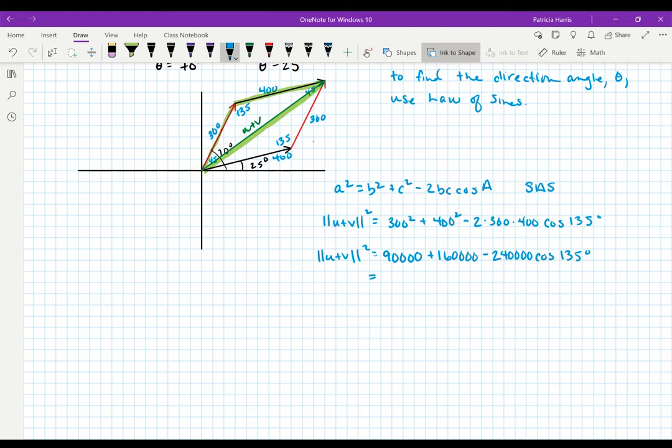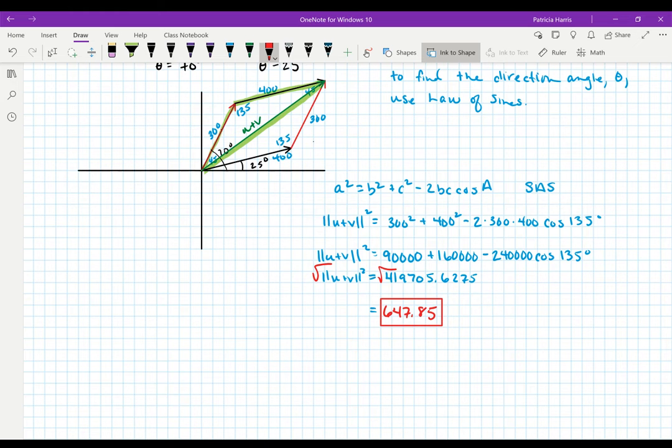Okay, so I get a number like that. So that's 419,705.6275. Now remember, I still have to take the square root of that. And I get that with rounding.